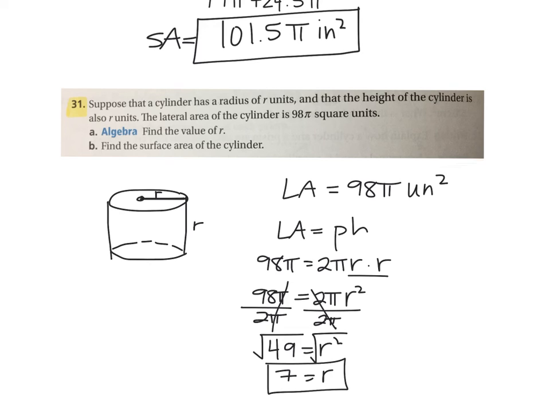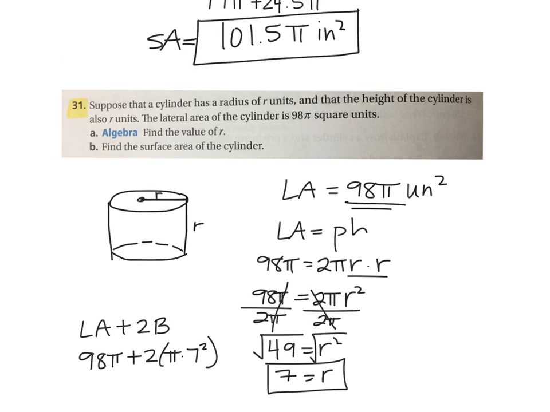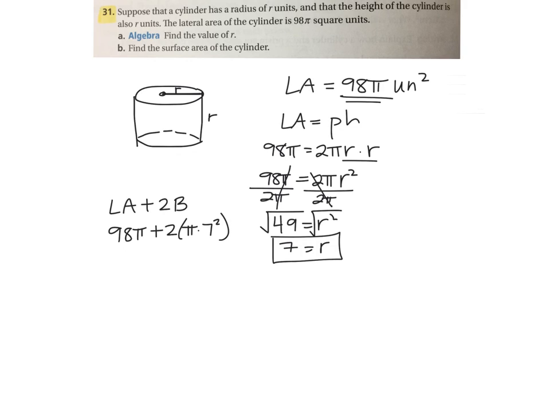So now if I know my radius is 7 and we want surface area, it's your lateral area plus 2 times the area of the base. So we're going to say 98 pi, we already found that, they gave us that, plus 2, and then the area of the base would be pi times 7 squared, times our radius squared. So it's 98 pi plus 2 times 49 pi, and 2 times 49 pi is 98 pi again.